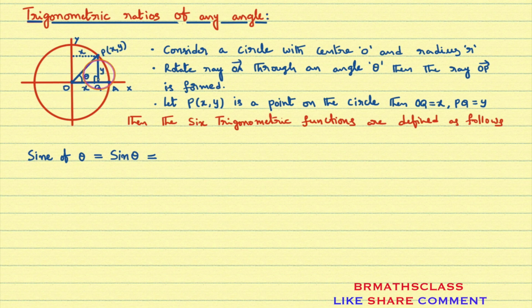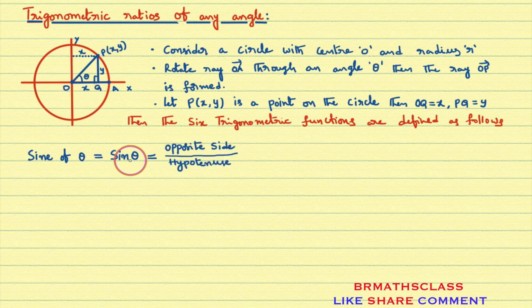PQ is the side opposite to the angle theta, and OP is the side opposite to 90 degrees. So OP is known as the hypotenuse and OQ is known as the adjacent side.